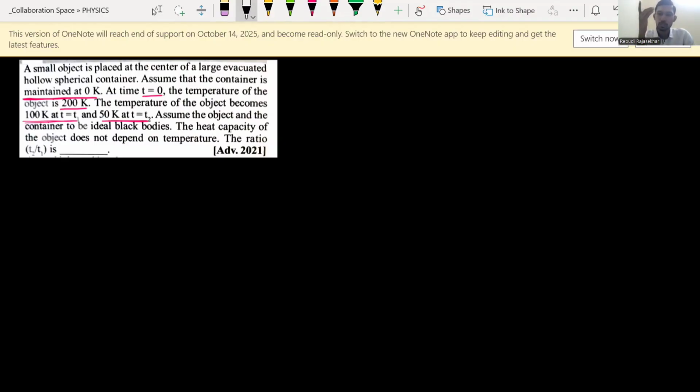Emission of radiation per second, that means dq by dt, not net rate of flow, only emission. So dq by dt equals e sigma A T_b to the power 4. This is the equation we need to apply.